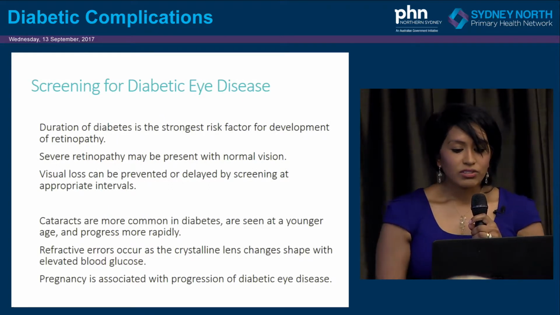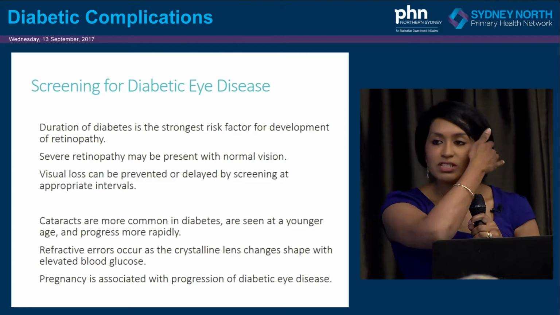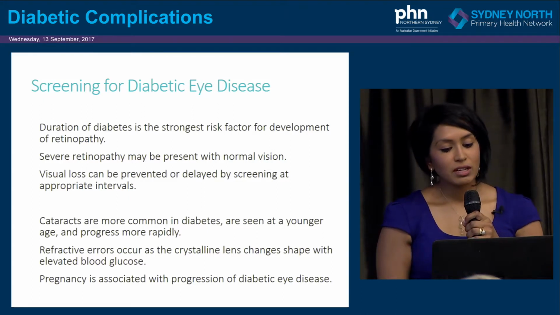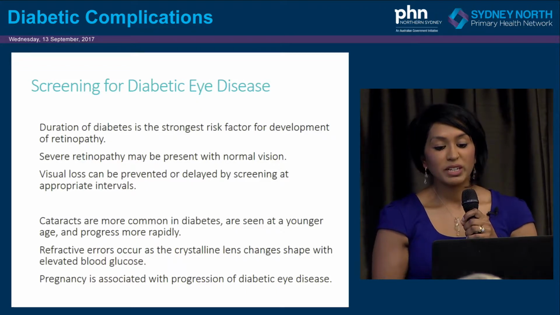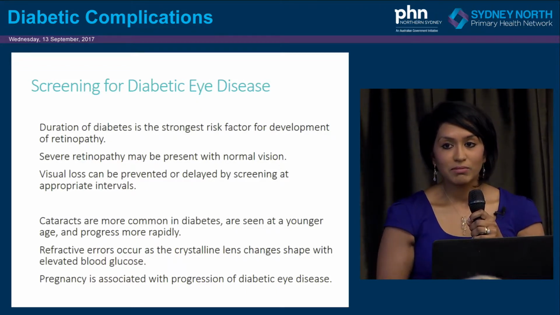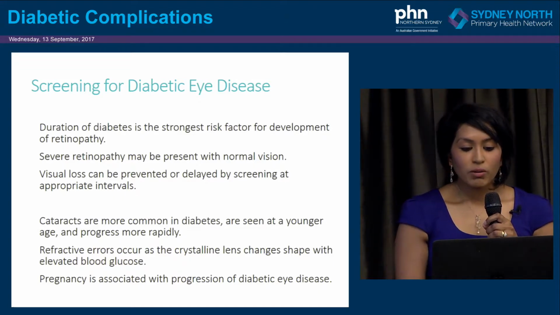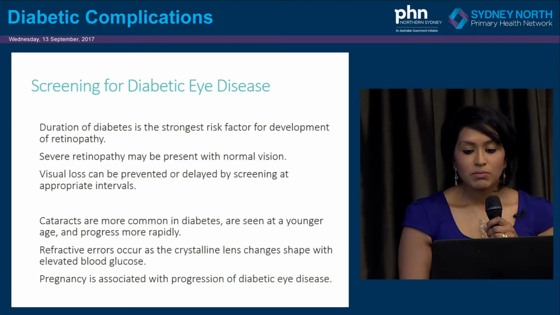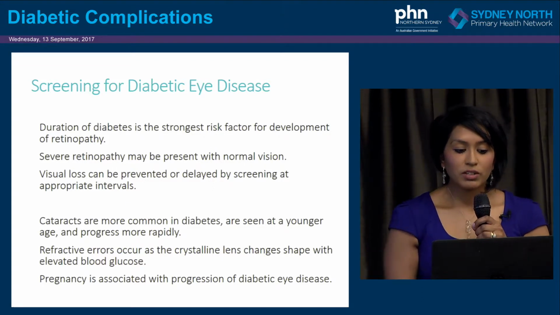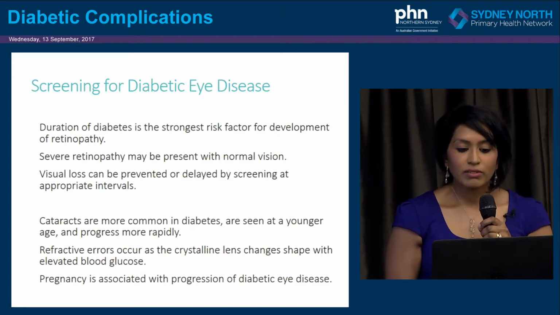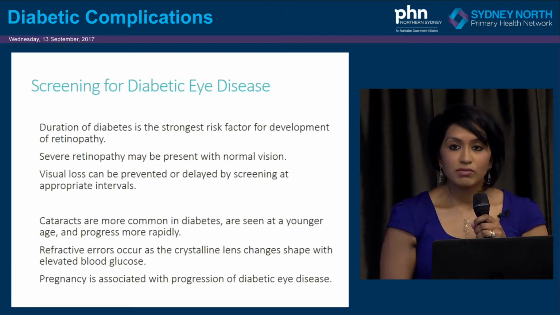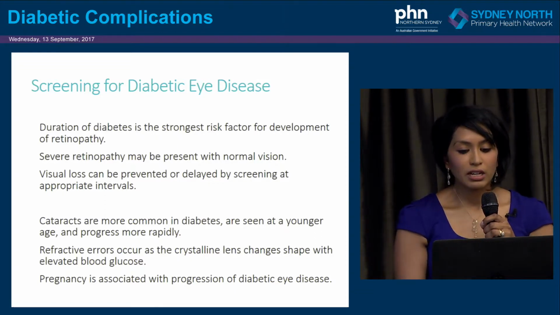So that case just emphasises a few things about patients with diabetes and the potential to be complacent about diabetes, because really it doesn't cause you any symptoms unless sugars are exceedingly high or if you develop complications. So for retinopathy, the duration of diabetes does tend to be the strongest risk factor for developing retinopathy, but having said that, you do have to screen from the time of diagnosis of type 2 diabetes, so it can occur at any time.